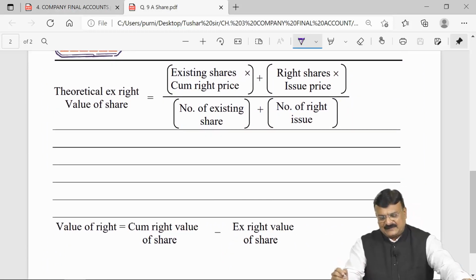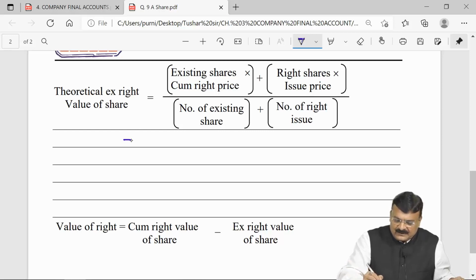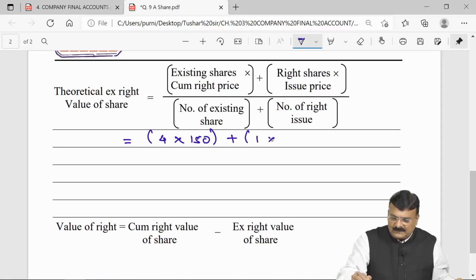Okay, let us apply theoretical ex-right value of the share. First, existing shares. What is the number of shares? 4. Ratio is 4:1, right students? 4 into what is cum-right price? 150, plus right shares you get 1. What is the issue price of right share? 125, upon number of existing shares 4 plus number of right shares 1.